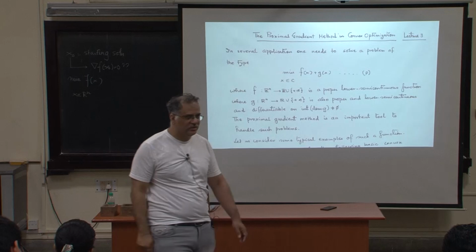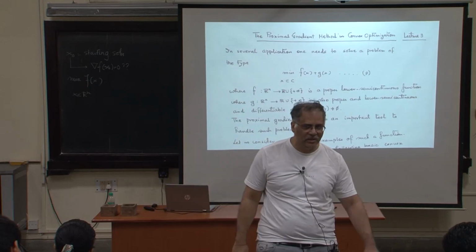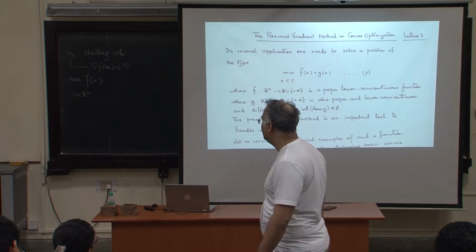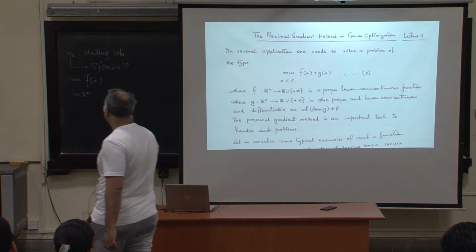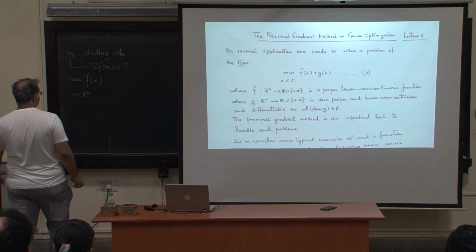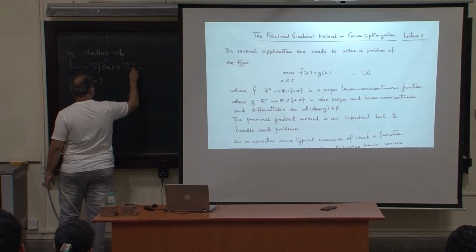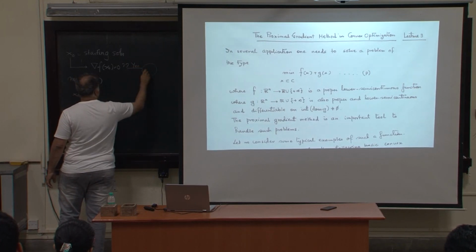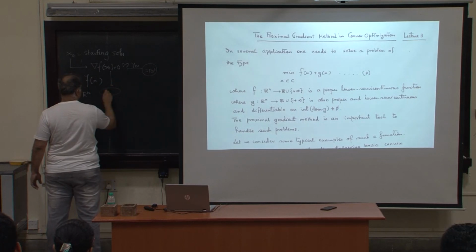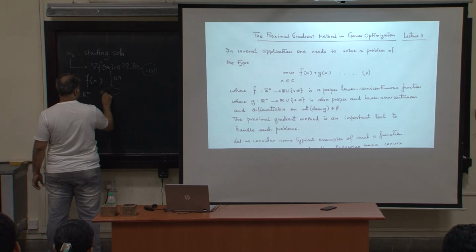But that doesn't mean that it is a solution. I am happy just with that, a critical point. So the flow chart is like this: if yes, then stop, and if no, then you go from xk to xk plus 1.